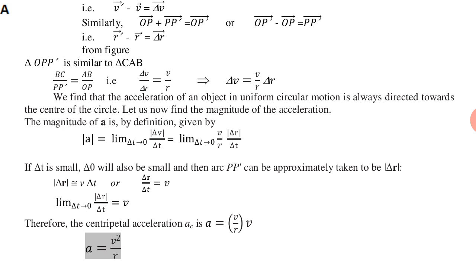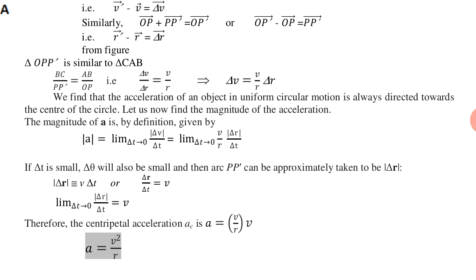So the magnitude of the acceleration is limit delta t tends to 0 delta v by delta t. So delta v equal to v upon r into delta r, divided by delta t as usual.